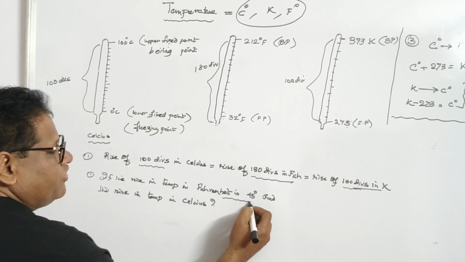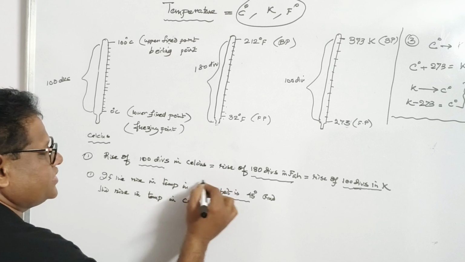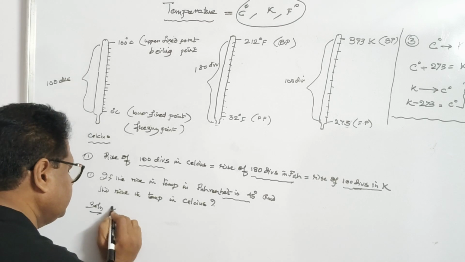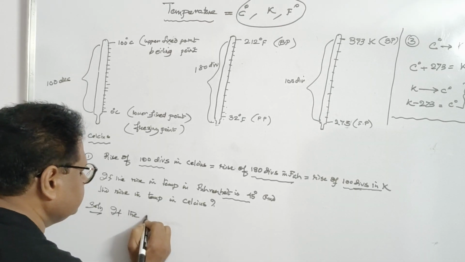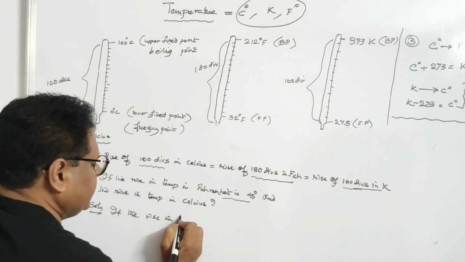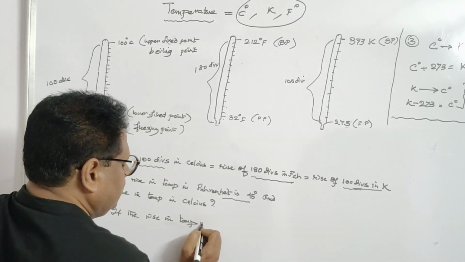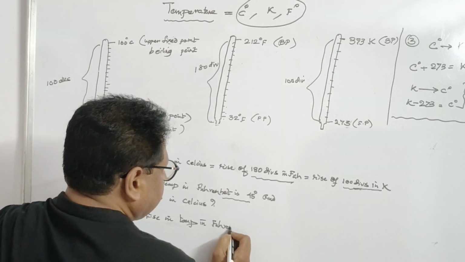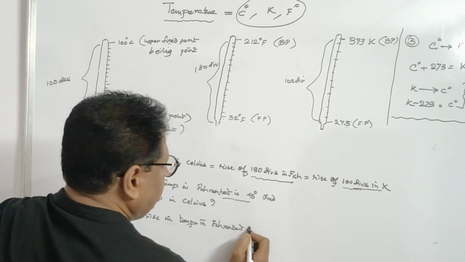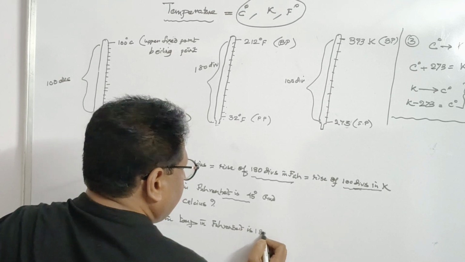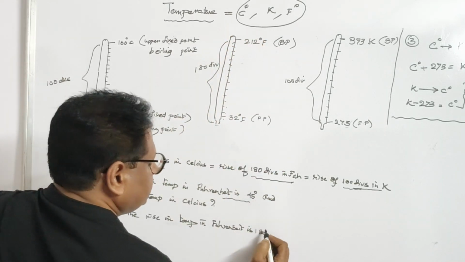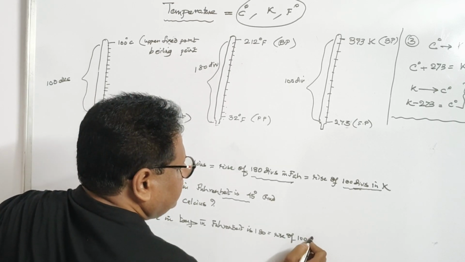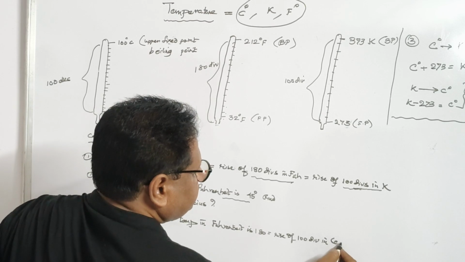Having been given the rise in temperature in Fahrenheit, we are going to use the equation between Celsius and Fahrenheit. So the solution will be as follows: if the rise in temperature in Fahrenheit is 180, because we are taking the whole span, then this is equal to a rise of 100 divisions in Celsius.